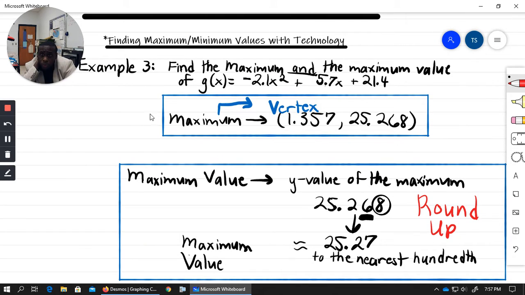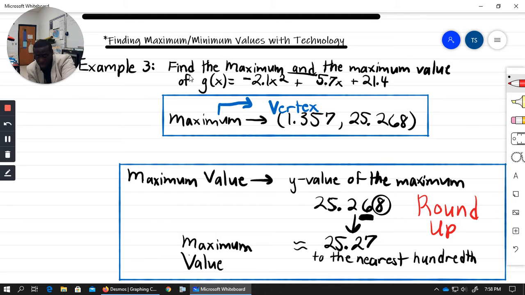All right, so for the next part that you'll have to do in Delta Math is finding maximum or minimum values. And again, folks, remember that minimum value is talking about the function value, or the y value, at a minimum.